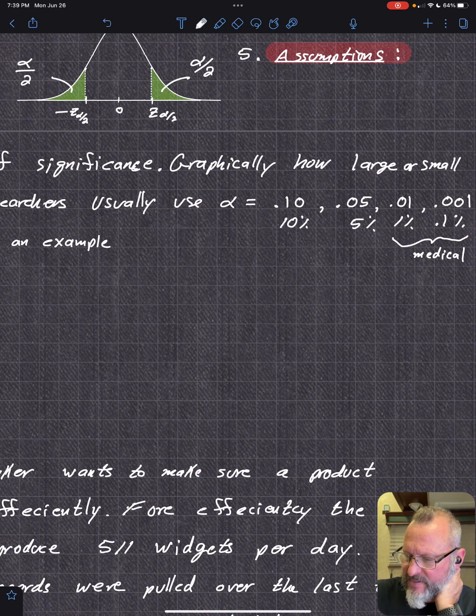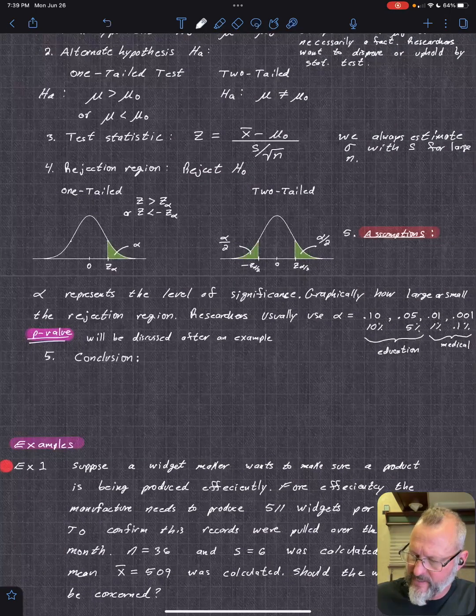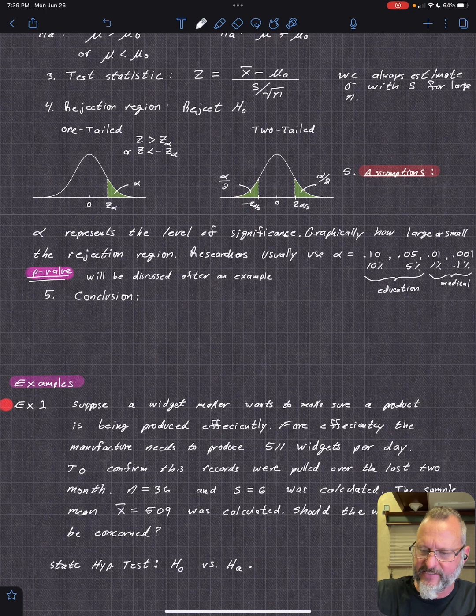These concepts might be more for education. You're not going to hurt someone extremely if you make a mistake on saying something works or not, it's not as critical. So you have maybe a larger alpha. And that depends on the case or the situation.